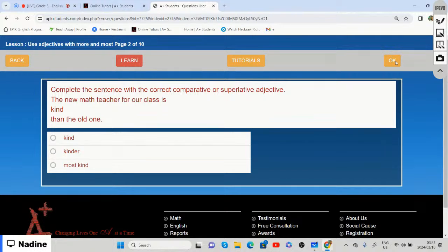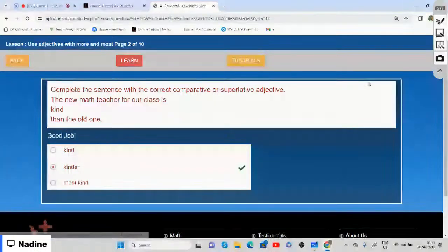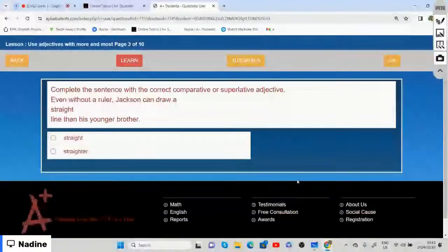And if we compare him or her to the old one, we can say he's kinder than the old one, because we're comparing two people, right? So we say kinder. If you're comparing more than one person, then we say kindest.